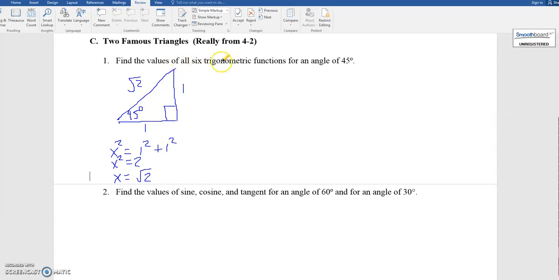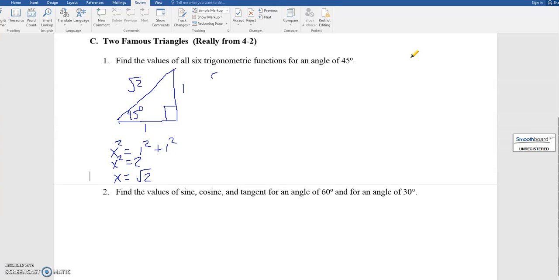So when they're asking for the 6 trig functions, this triangle will work just as well as any other triangle that fits the 45, 45, 90 constraints. The ratios end up being the same. So I can use this triangle to talk about sine and cosine and tangent, etc. of this 45 degree angle.